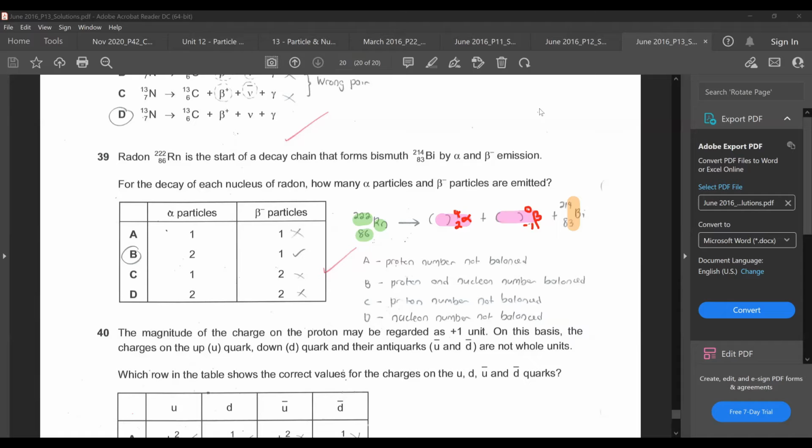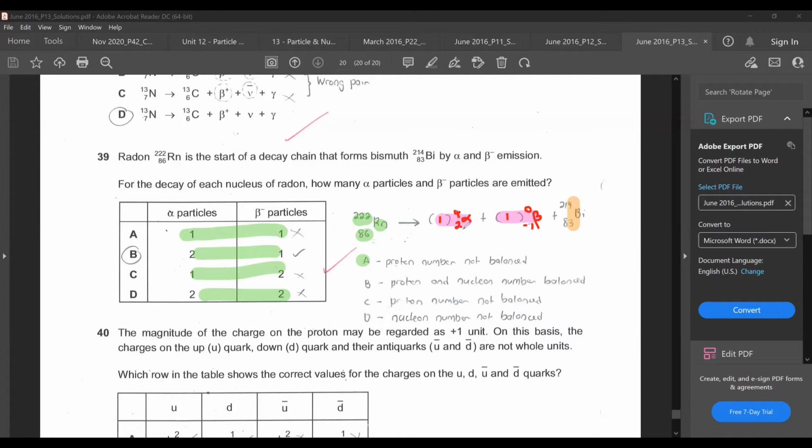Okay, what you need to do here is trial and error for each and every one of these, and then see whether the proton and neutron numbers are balanced. Eventually you see that for A, the proton number is not balanced. What I mean by that is you can see from here: if you sub in the values one by one, this one is 1, this one is 1.